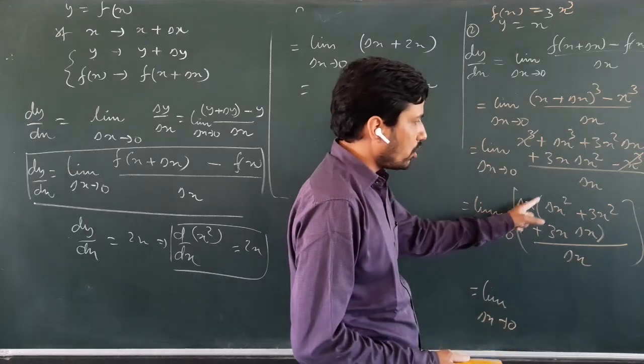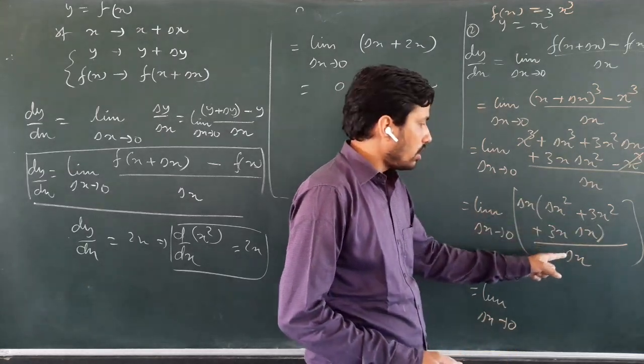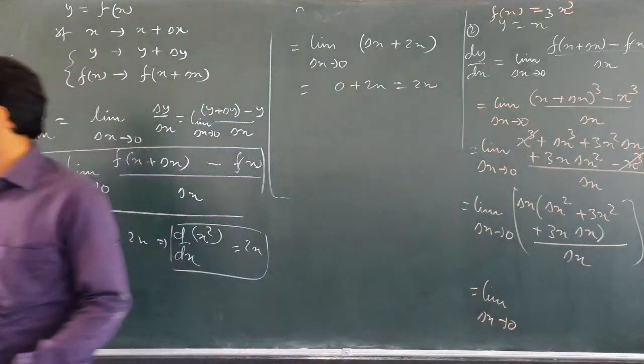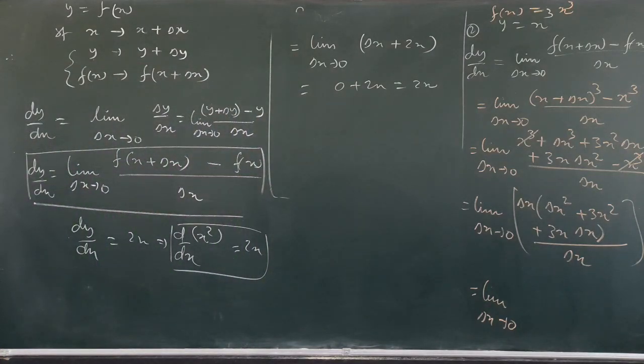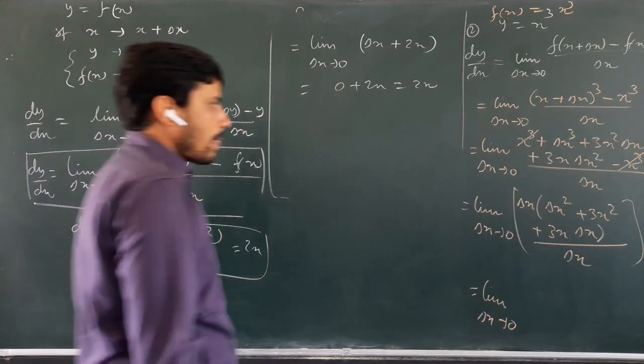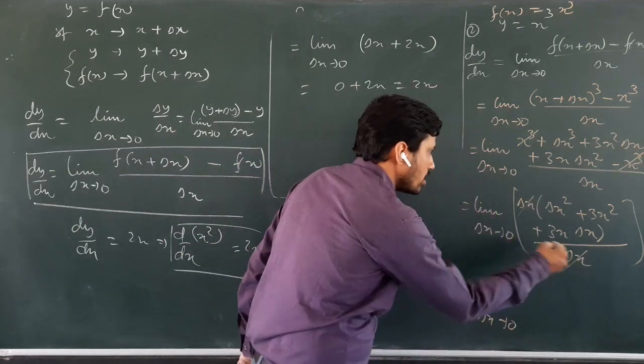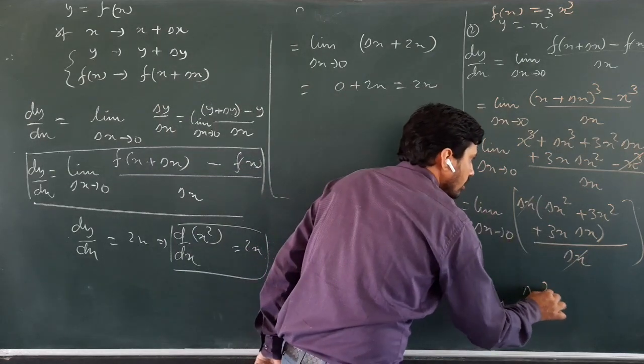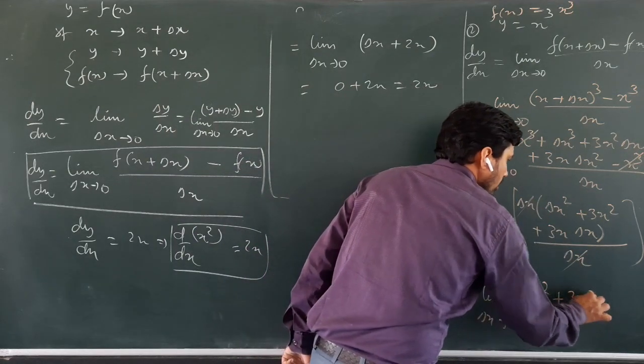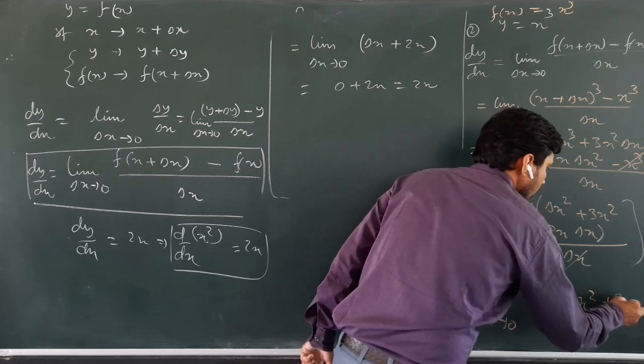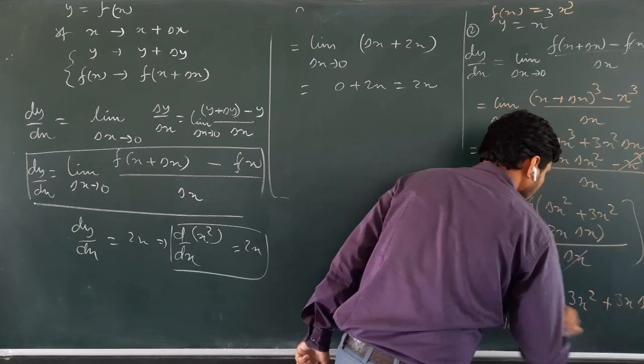I have taken delta x common in the numerator. So these two terms, delta x and delta x, will cancel. So what is left behind is this delta x square plus 3x square plus 3x delta x.